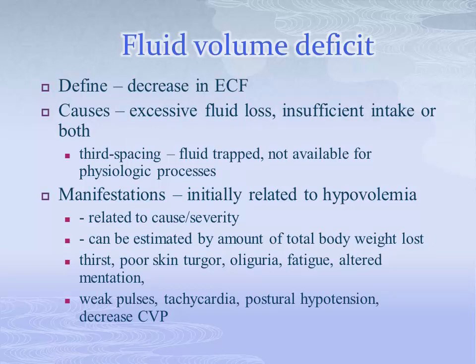Those things don't occur rapidly. If it's a rapid decline, then we might see a significant drop in body weight, orthostatic hypotension, tachycardia, weak pulses. That tells us that there's not enough fluid in the vascular spaces.